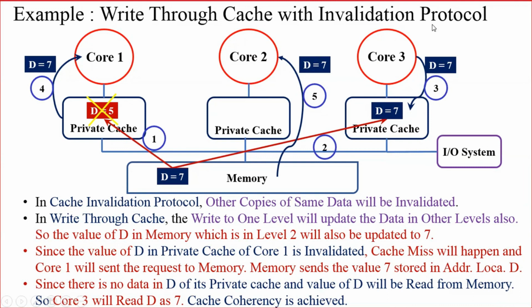But here, by incorporating the cache invalidation protocol in the write through cache, we have overcome the cache coherency problem and cache coherency was achieved. Why was it achieved? Because when core 1 and core 2 were reading, they were able to get the recently updated data. So this is an example showing the cache coherency protocol implementation.